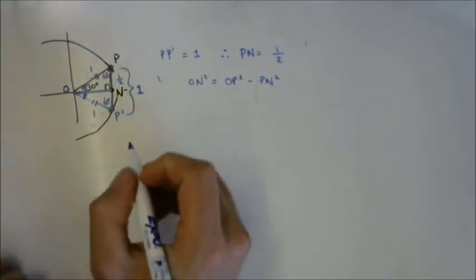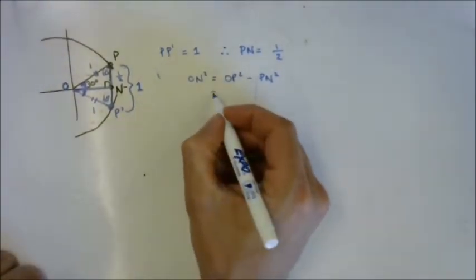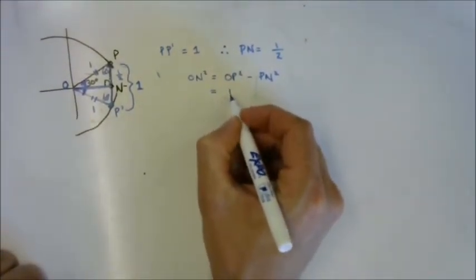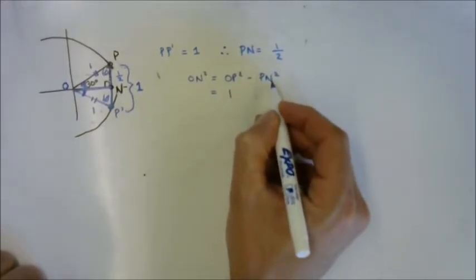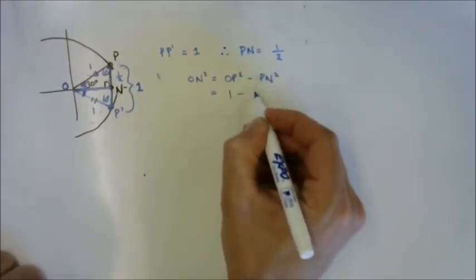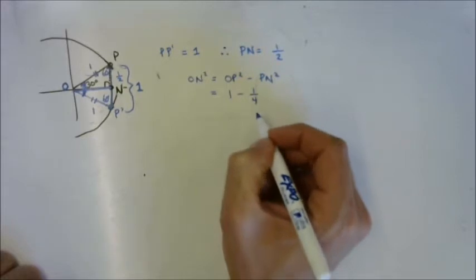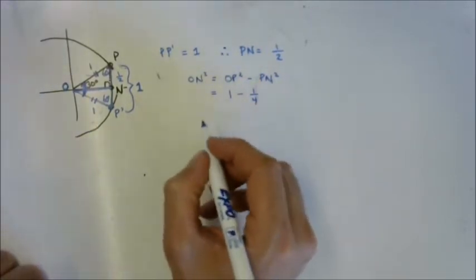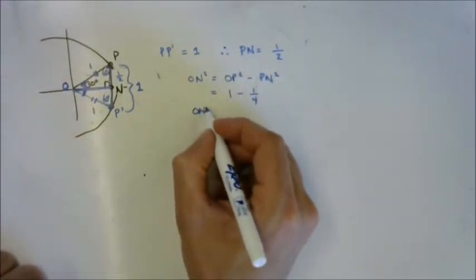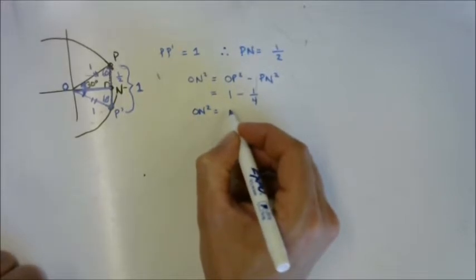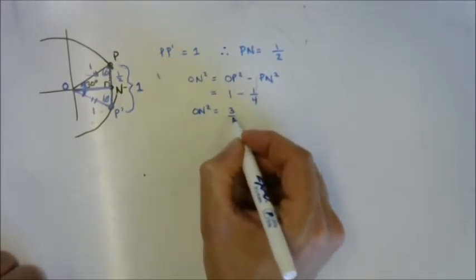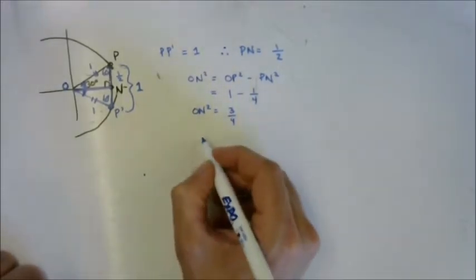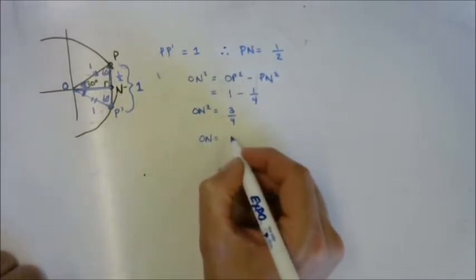Okay, carrying on here, we don't know what ON is, but we know OP is 1 squared, which is 1, and we know PN is 1/2, which squared is 1/4, which means that ON squared is 3/4. Take the square root of both sides.